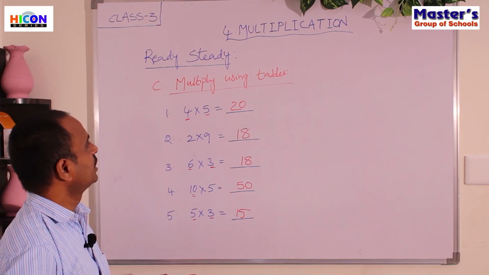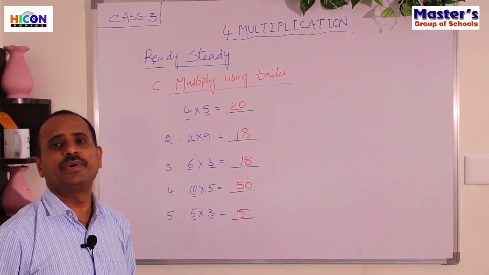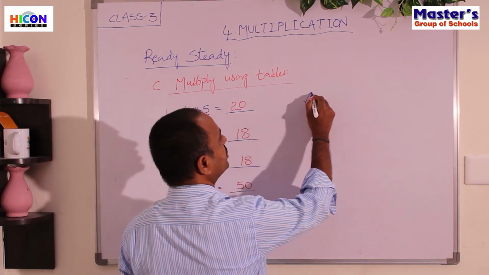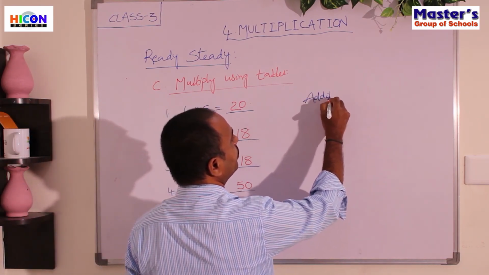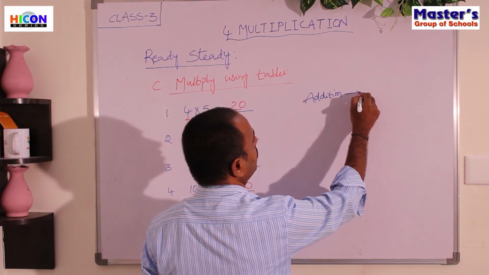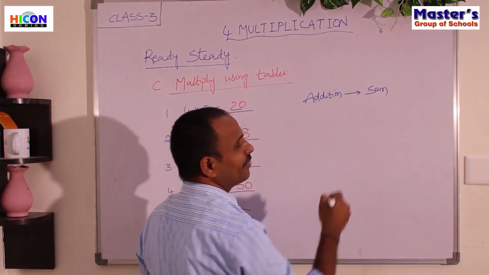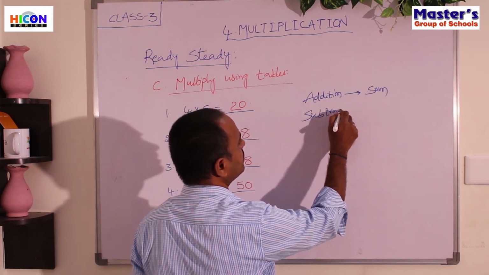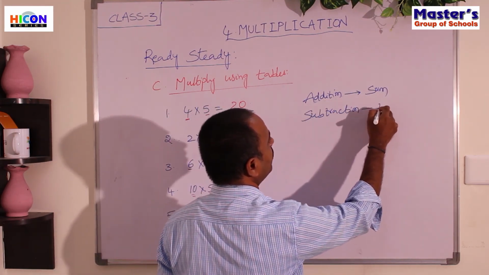So here, if you multiply any two numbers, the answer is called product. Whereas in addition, if we add any two numbers, the answer is called sum. Whereas in subtraction, if we subtract any two numbers, the answer is called difference.